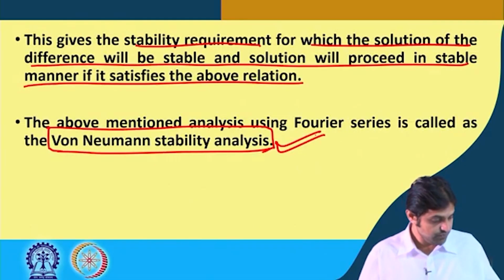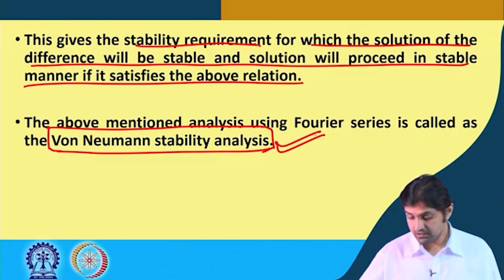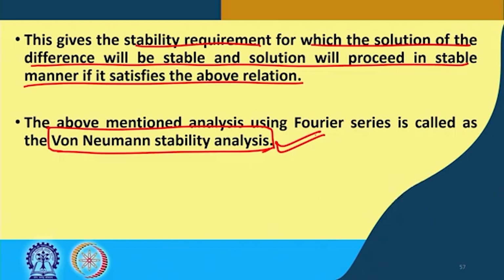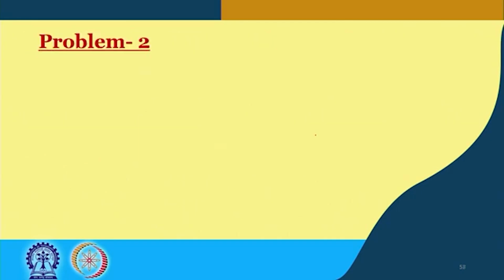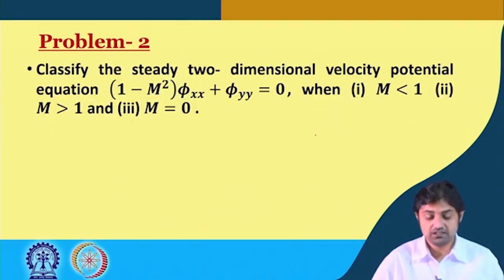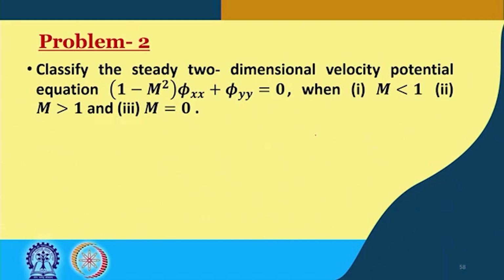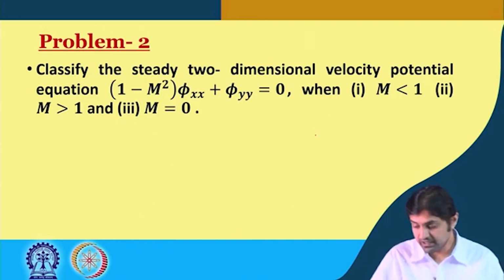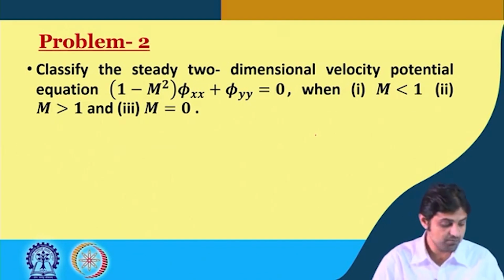Using the concepts which we have learned till now, we are going to solve this one question. So the question is, classify the steady two-dimensional velocity potential equation, which is 1 minus m square phi xx plus phi yy is equal to 0, when m is less than 1, secondly when m is greater than 1, and third when m is equal to 0.